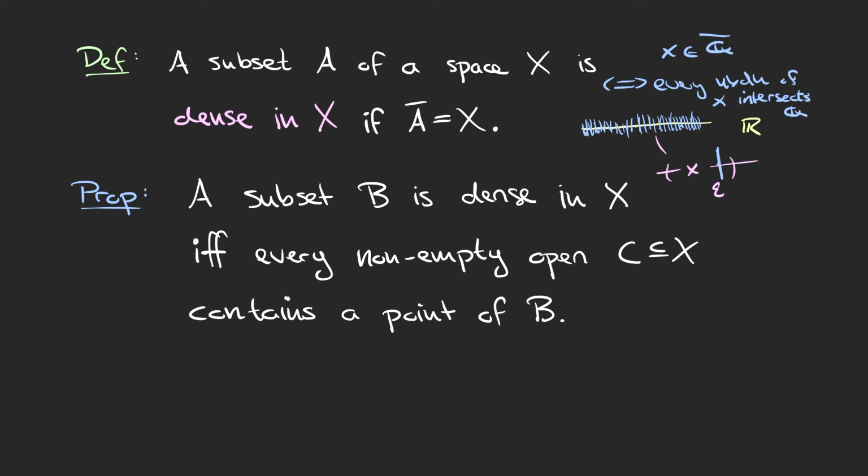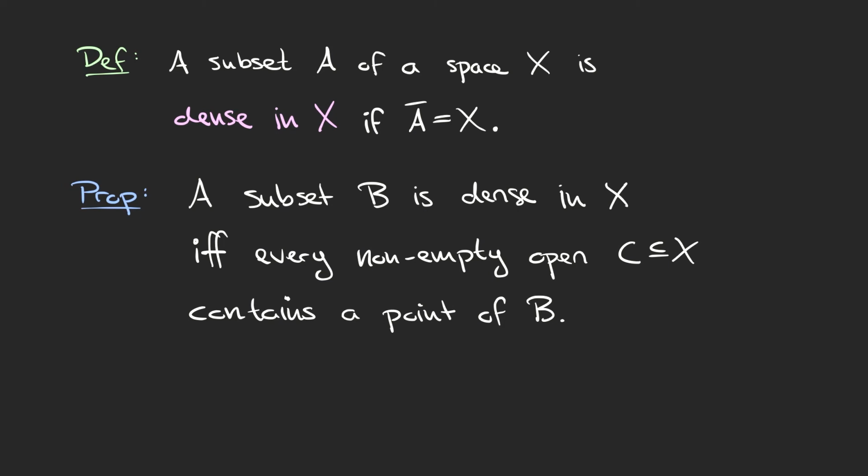So there's always going to be some R in Q that has distance less than epsilon from X. And this R will now show up in the intersection of the neighborhood with Q. So essentially the fact that we can approximate any real number by a rational number to an arbitrary degree of precision means that the rationals lie dense within the reals.